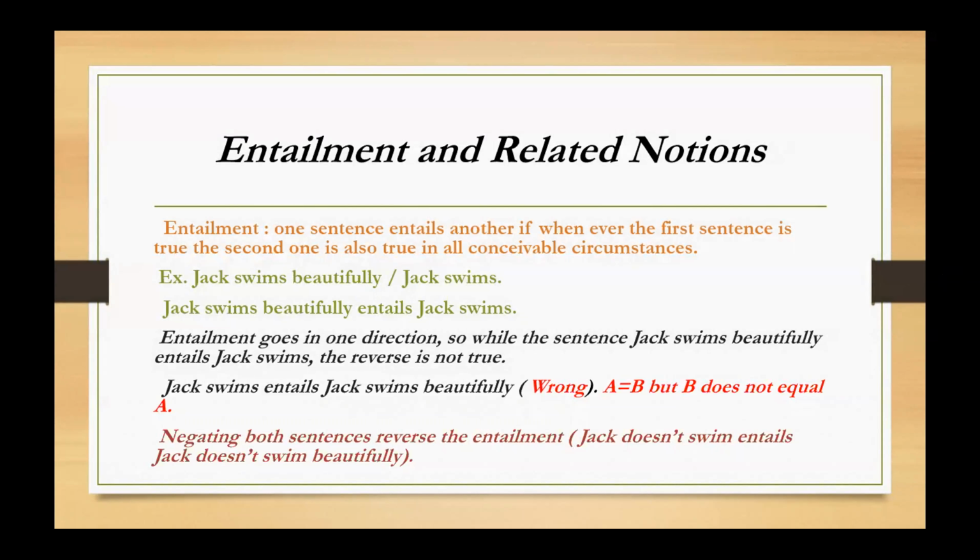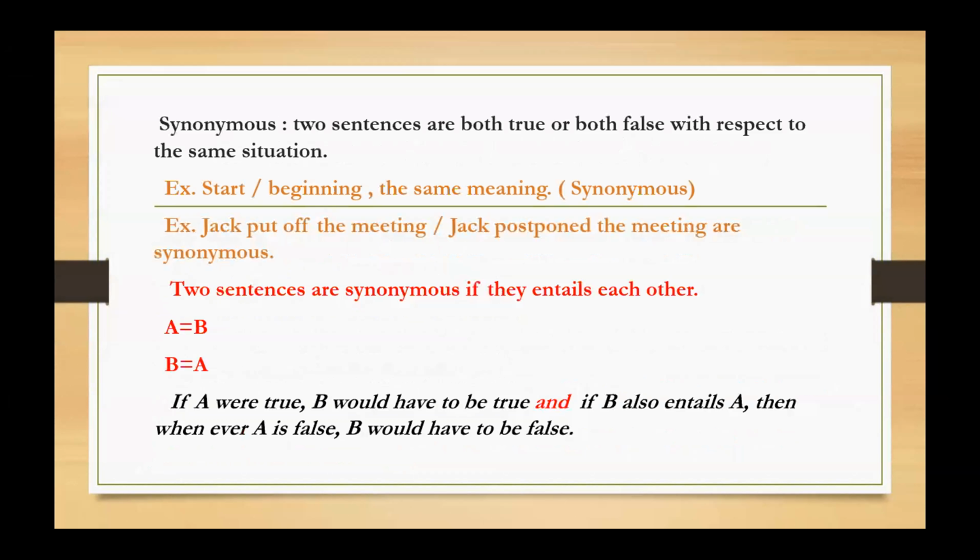Excellent. Now let's talk about synonyms. Synonyms are sentences that are both true or both false with respect to the same situation. Synonyms, words or sentences, have the same meaning, like start and beginning, or Jack postponed the meeting and Jack delayed the meeting.